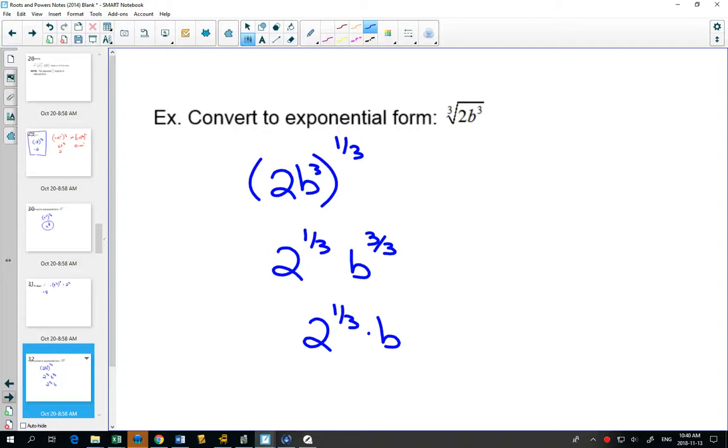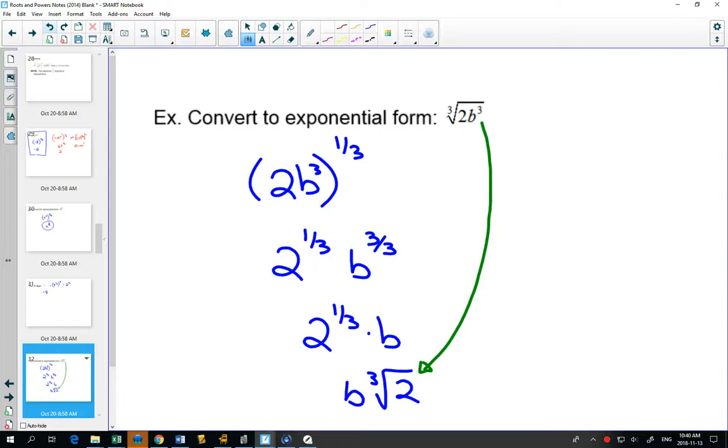If I then rewrote this in radical form, can you see that the b doesn't have an exponent anymore? So I could just write this as b times the cube root of 2. And this connects to simplifying radicals that we did before.